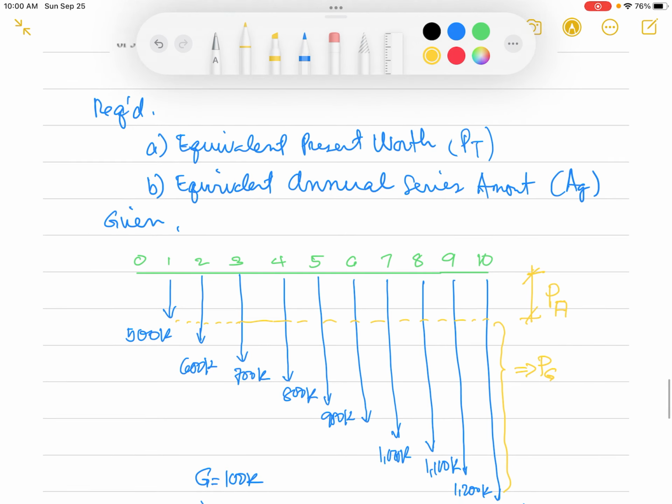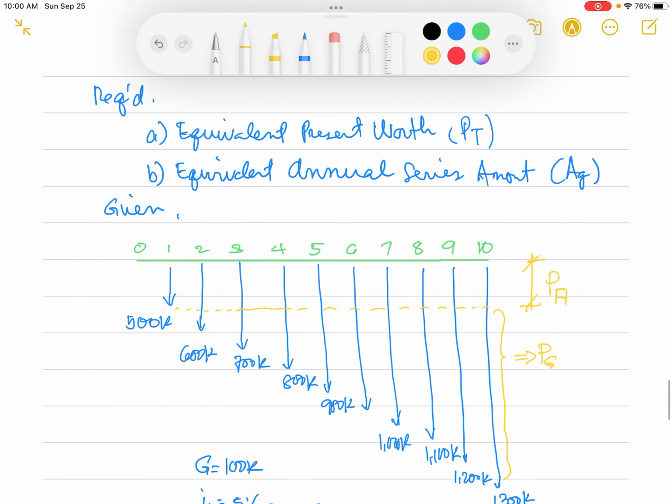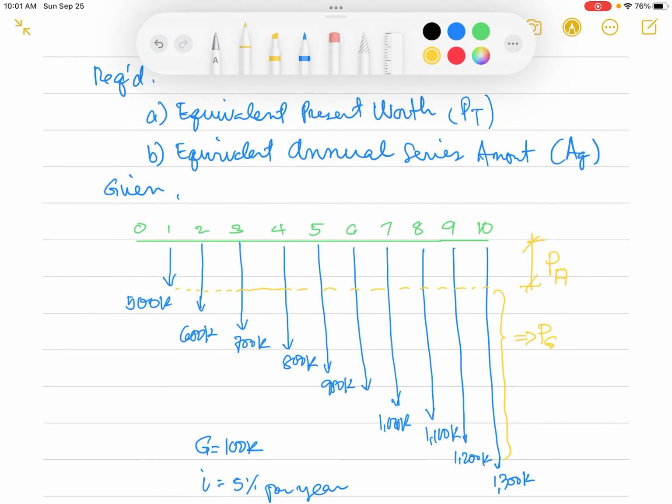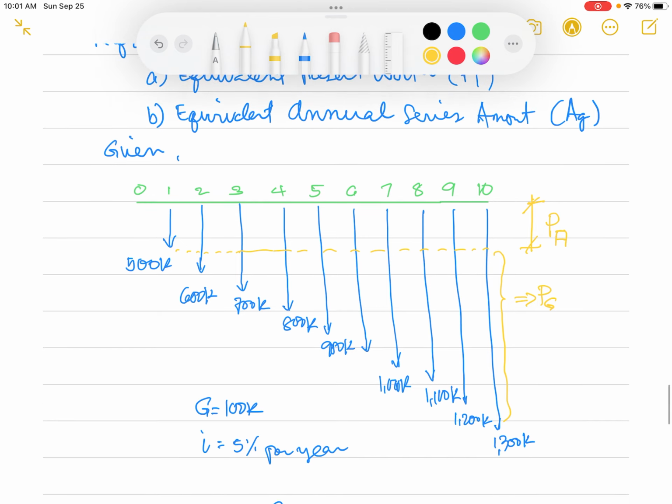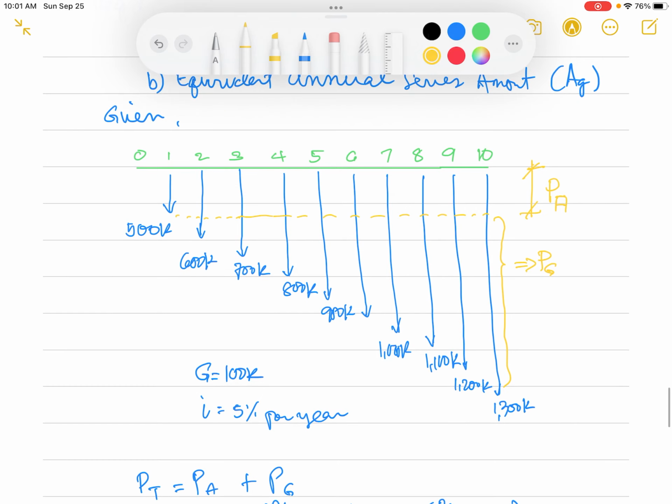All right, so we draw the cash flow diagram to show the annual amount and the increase, which is shown here. It starts at $500,000 and ends up at 1.4 million after 9 years.